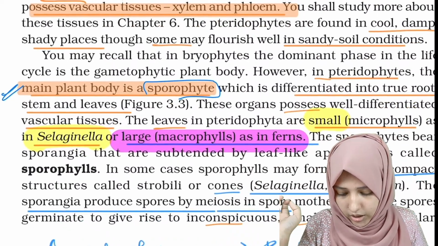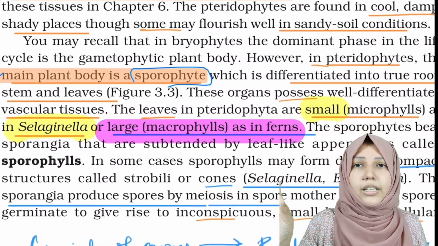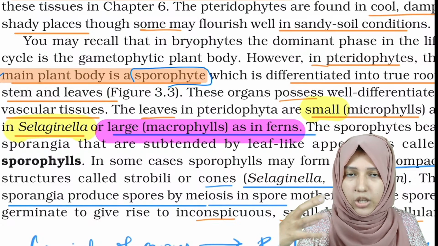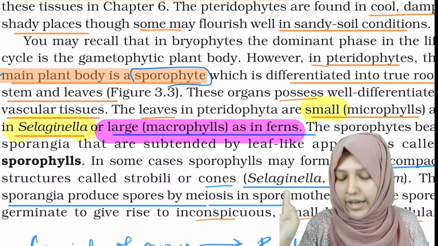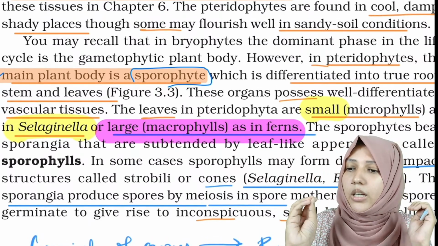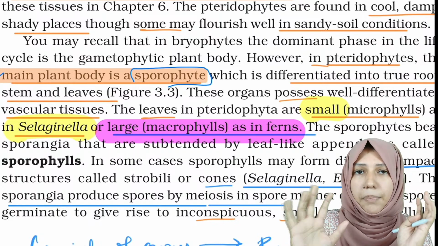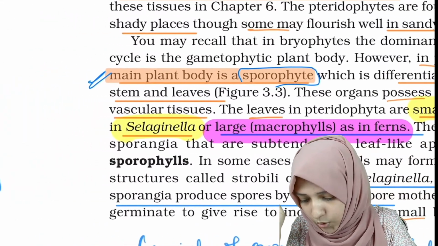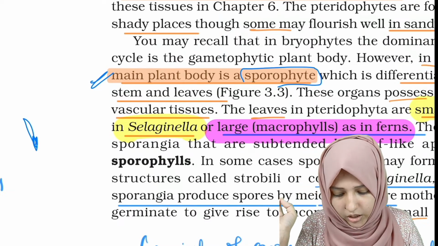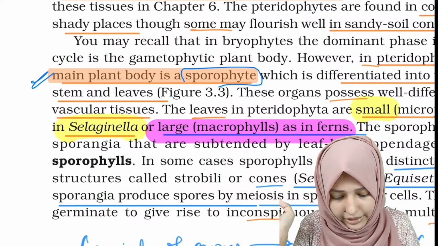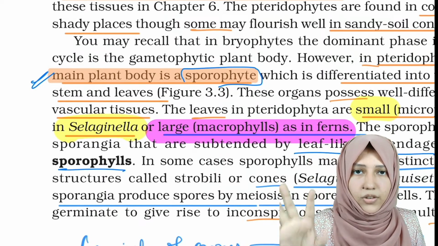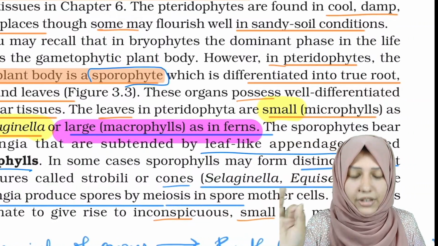Now the sporophytes bear sporangia, a structure from which the spores arise. The sporangia are subtended by leaf-like appendages known as sporophylls.